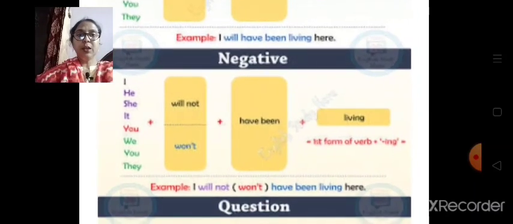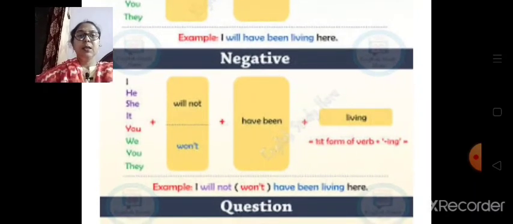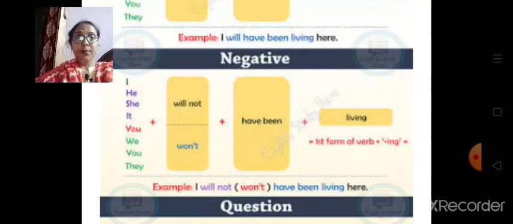Now we are moving to the negative sentence. I, he, she, it, you, we, you, they, and here will not, then have been, and in the verb we use ing.